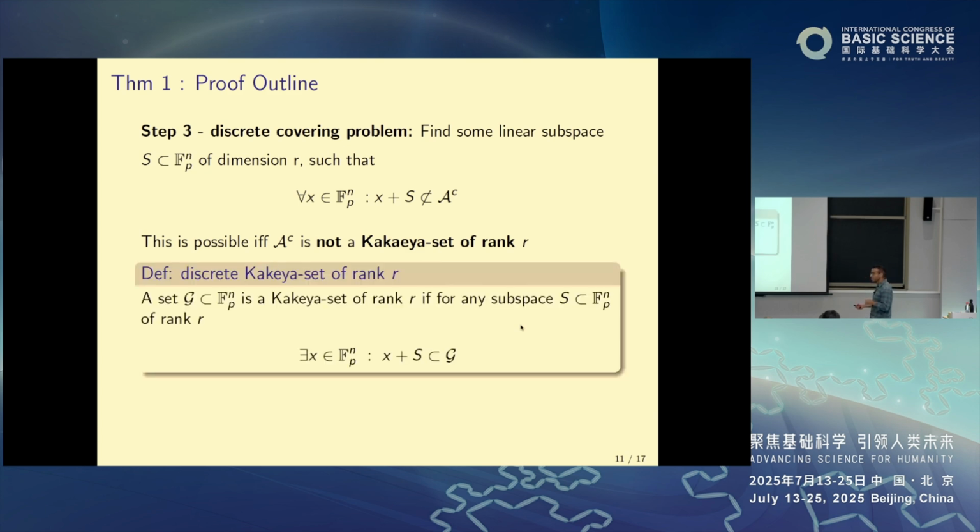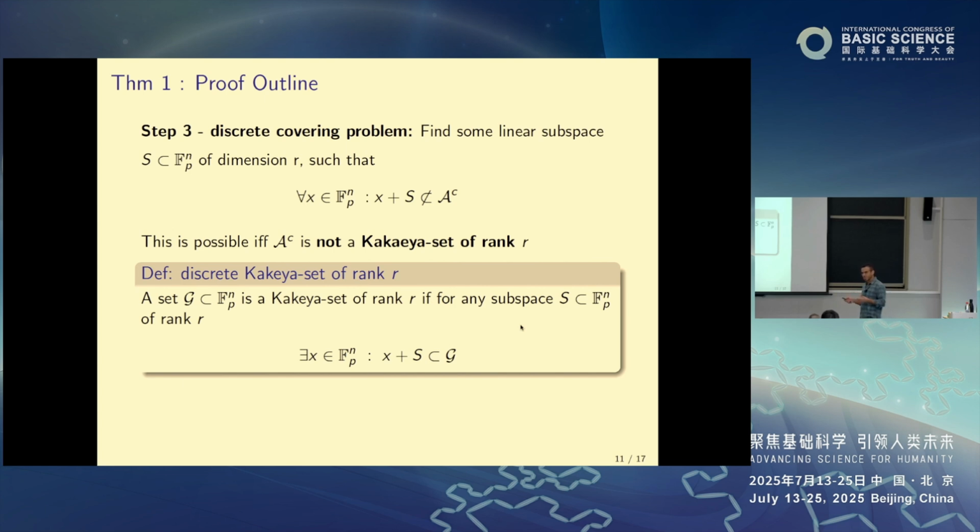Here's the definition. A set G in F_p to the n is a Kakeya set of rank R if for any linear subspace S in F_p to the n of rank R, there exists some shift x such that x plus this linear subspace is completely contained in the set G.